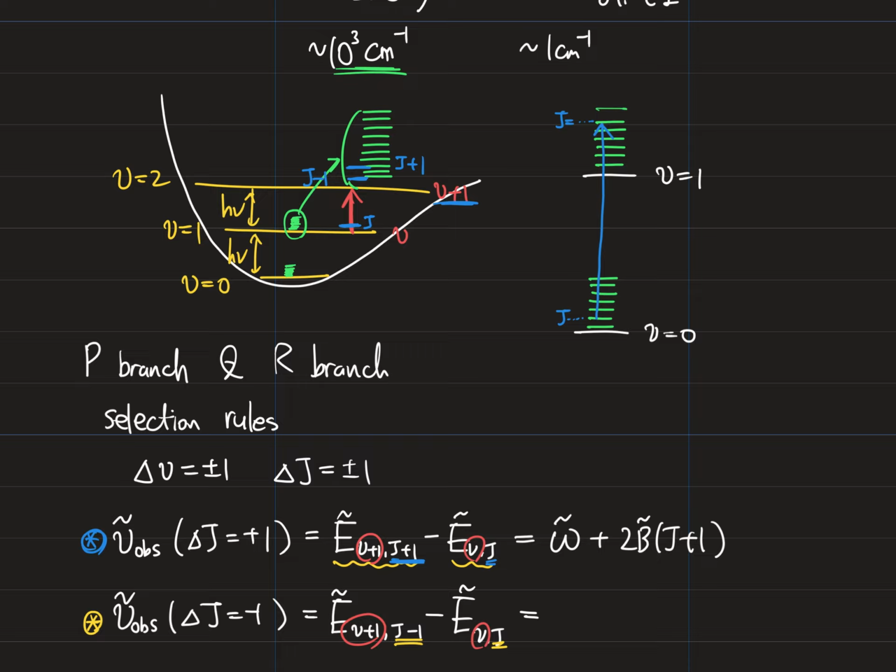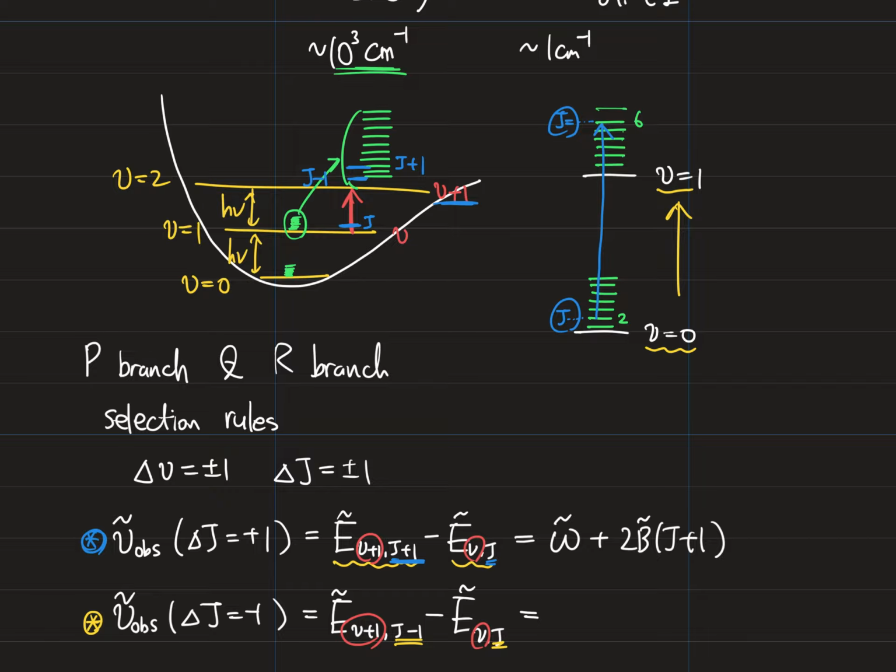So it is vibrationally excited, v equals 0 to v equals 1, and in terms of rotation it is also excited, to like the J equals 6 level.